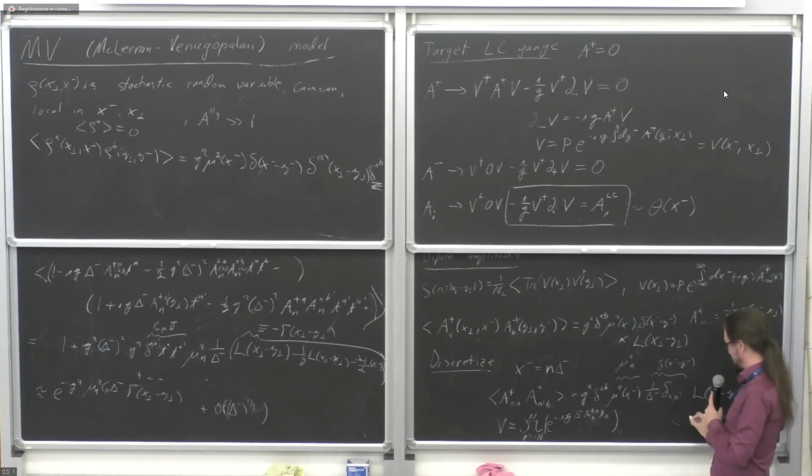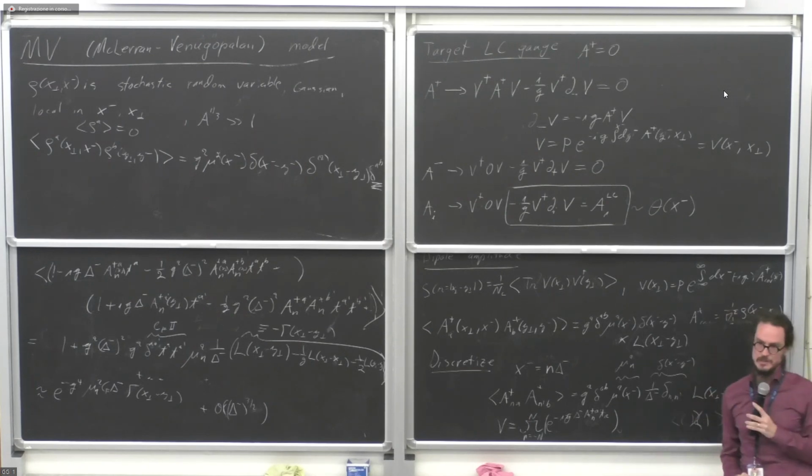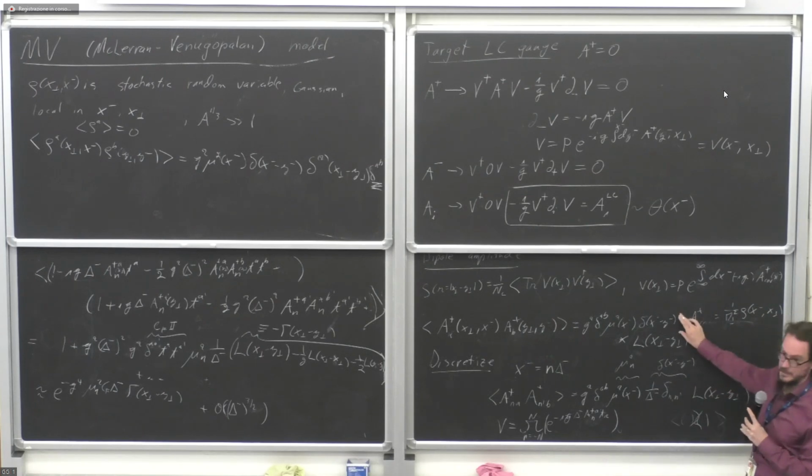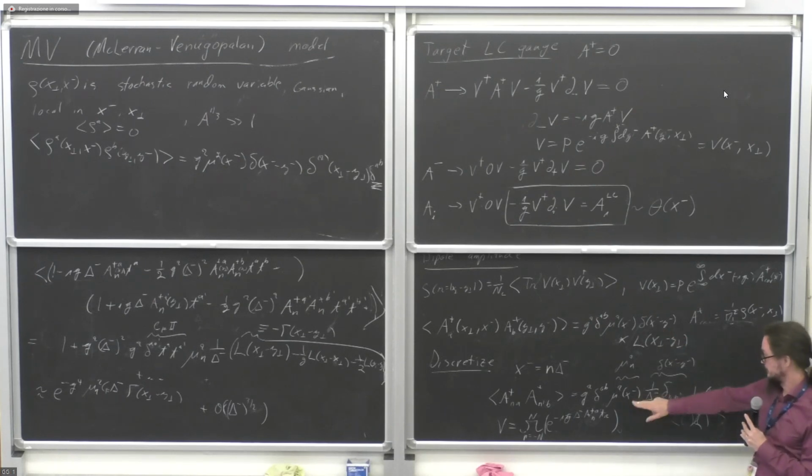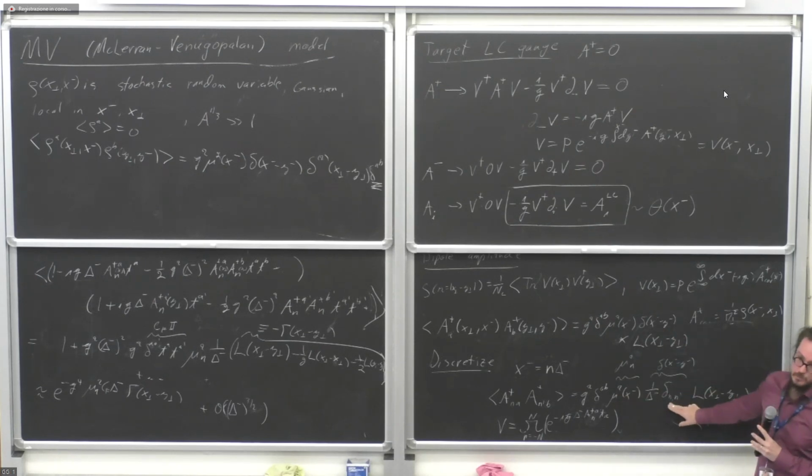The fact that they're uncorrelated means that the expectation value of a product is the same as the product of expectation values. Because all the fields at different x minuses are completely uncorrelated, I can take the expectation values separately for every value of x minus, which is now discretized to n. So that's why the correlator of the product of exponentials can be expressed as the product of the correlators.